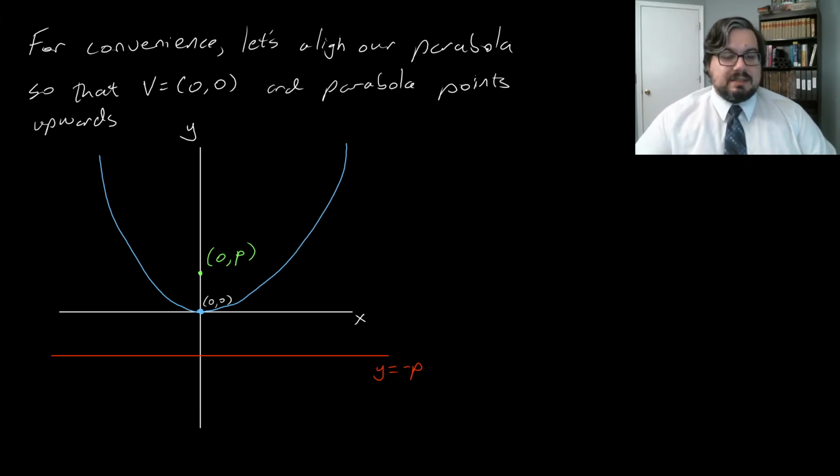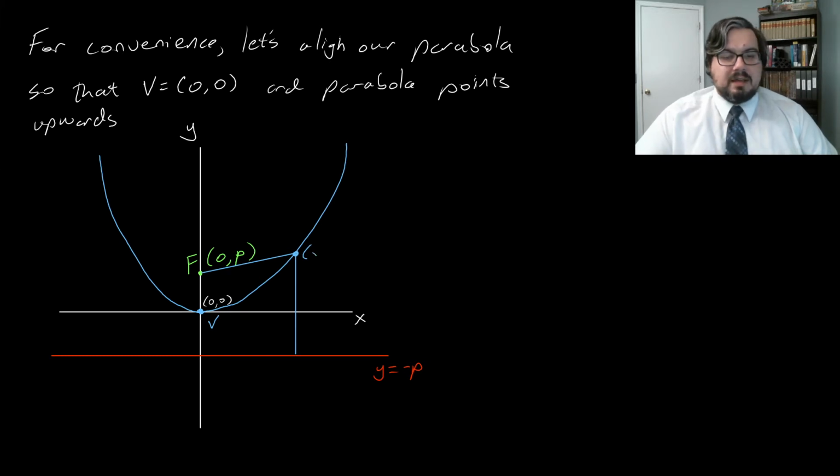And now we can see that the vertex 0, 0 is as far away from the focus F as it is from the directrix -p. But let's see what sorts of things we can say about other points on the graph.